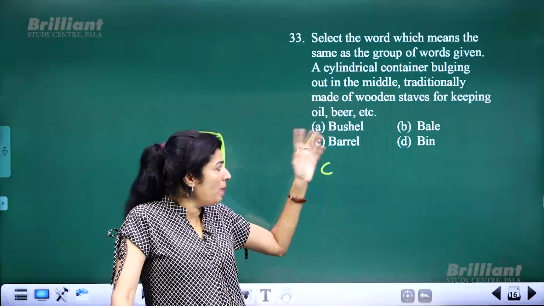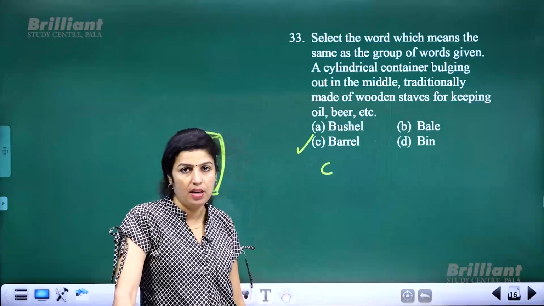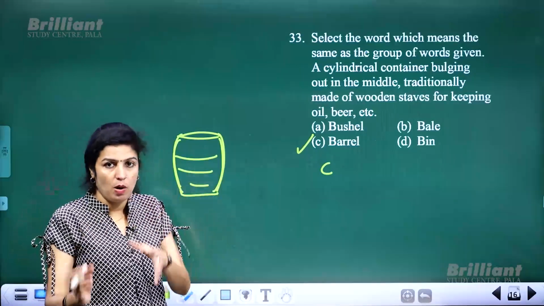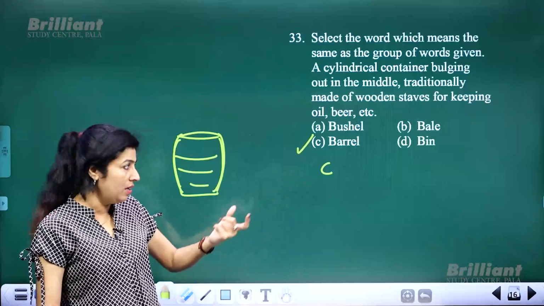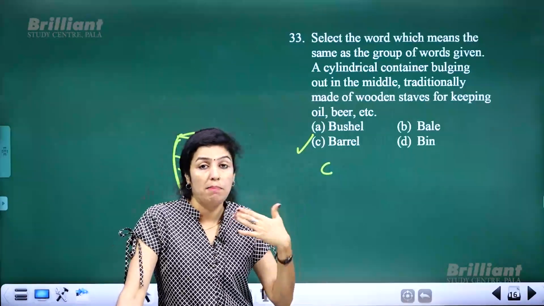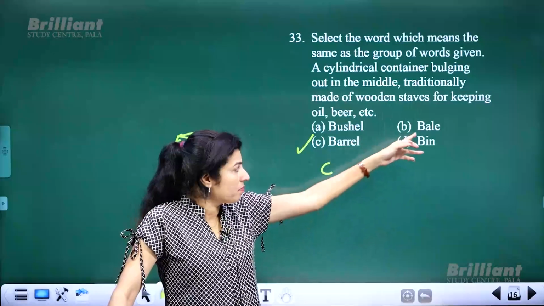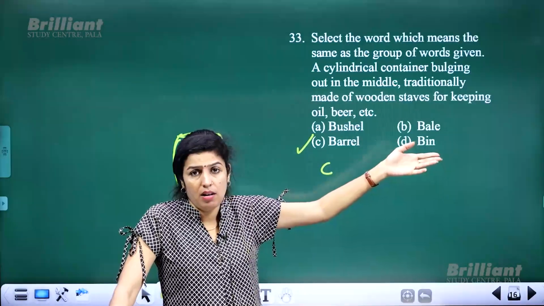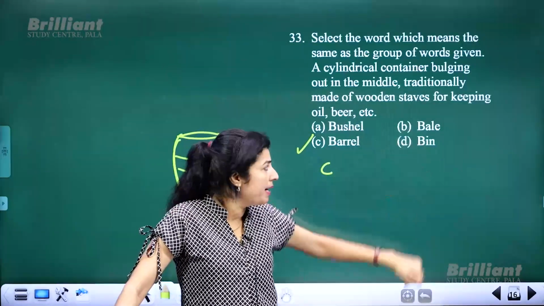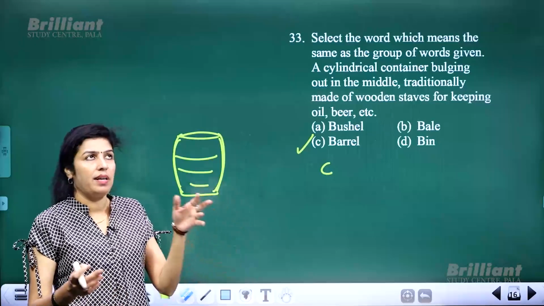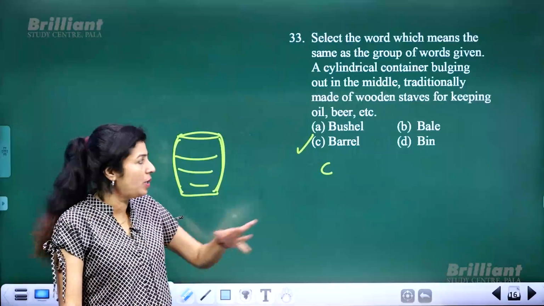Now what about bushel, bale and bin? You know, dustbin and bin, just a container. It could even be plastic, a small one, cylindrical, but not the explanation which fits into that bin. Then bushel is actually a measuring unit, like we use liter, kg, kilogram, etc. And bale means a bundle or a stack of paper.